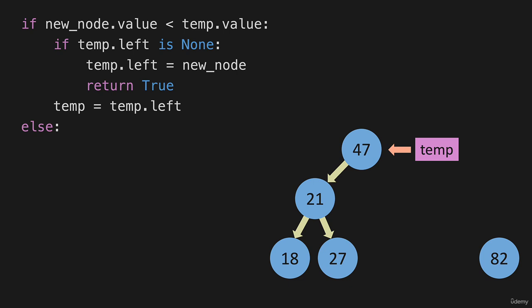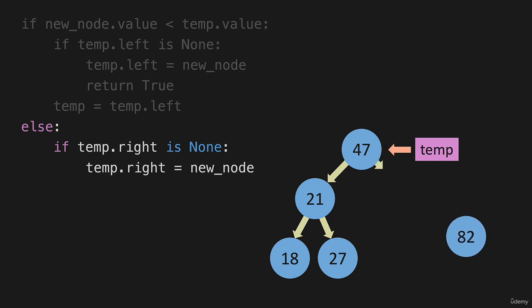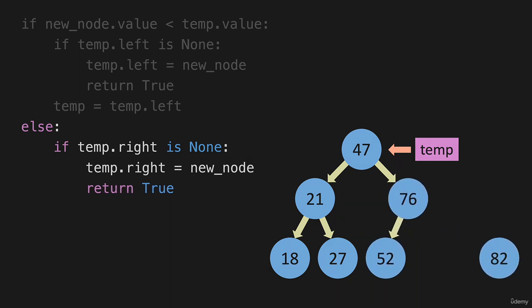If that spot is empty, we'll say if temp.right is None, and in this case temp.right is None, then temp.right equals new node. And then we need to return True. The other option is that there is an item there, and then we'll say temp equals temp.right.